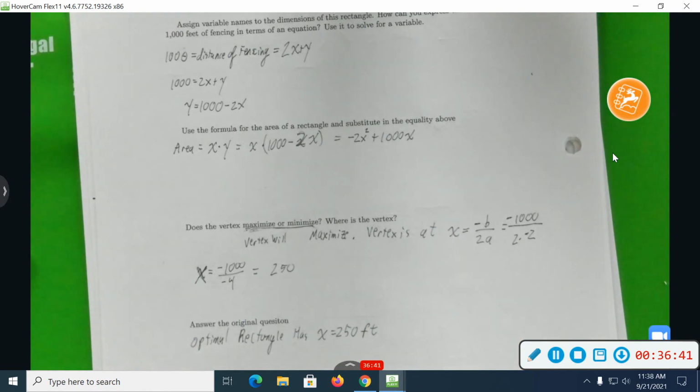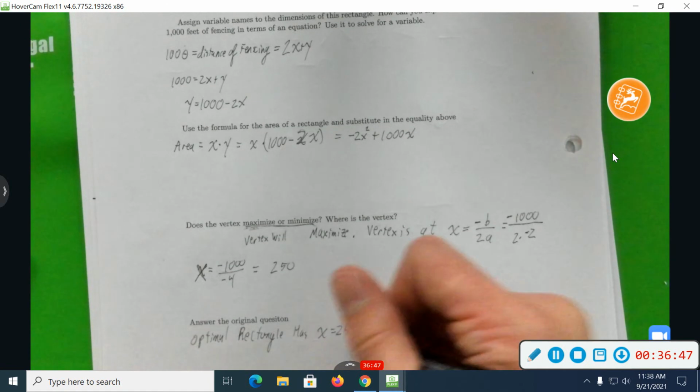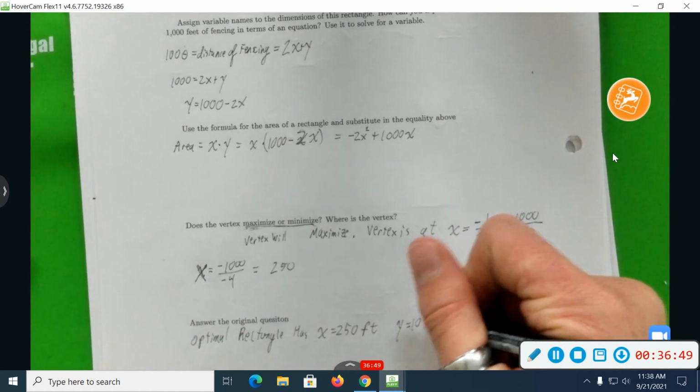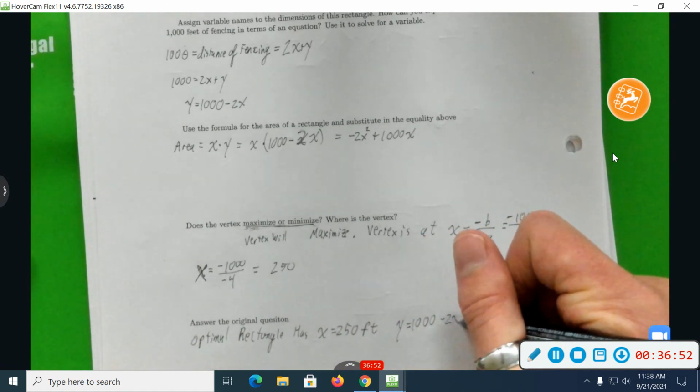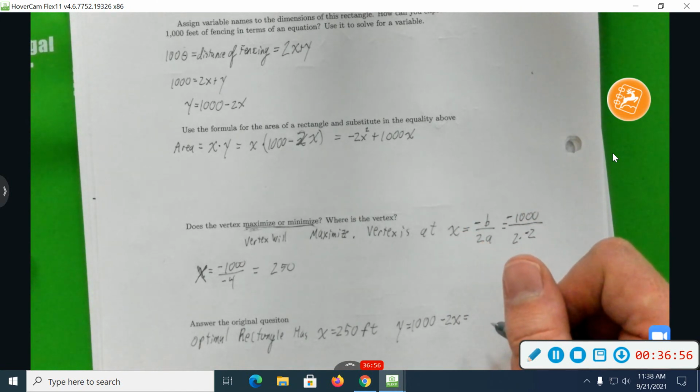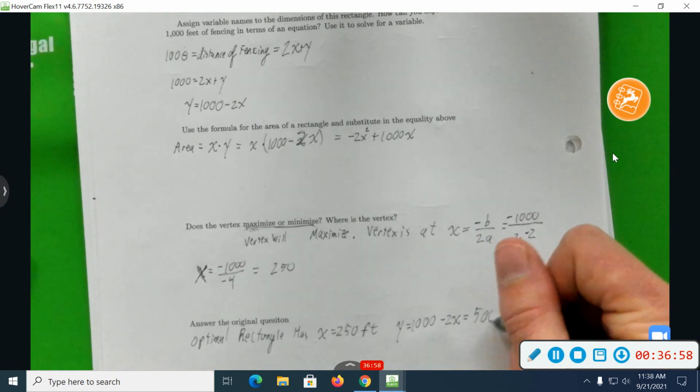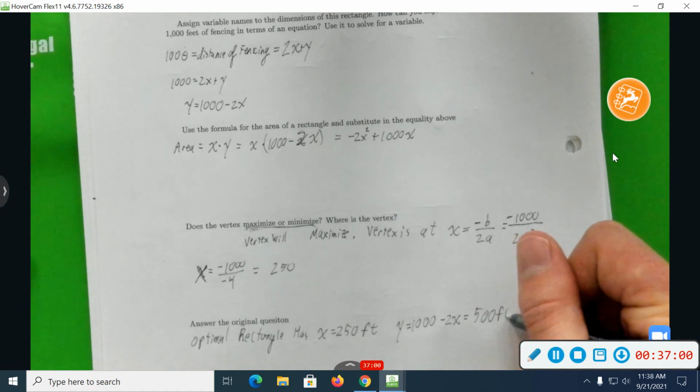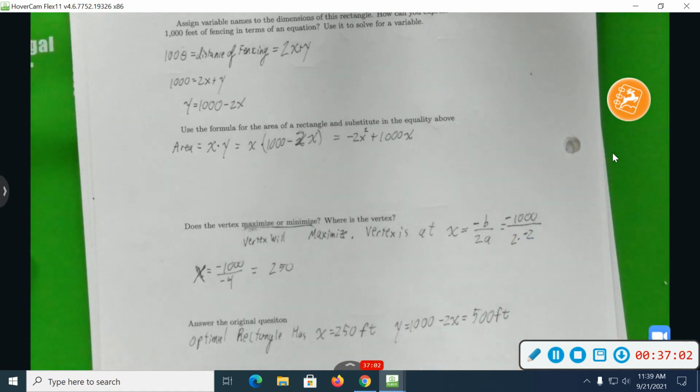Do we have a formula that will recover y from x? That's 500, right? Yep. Awesome. So there are the dimensions of the optimum rectangle.